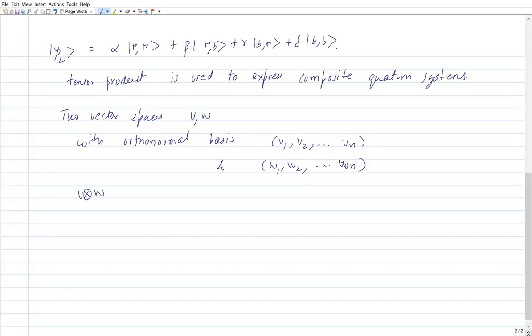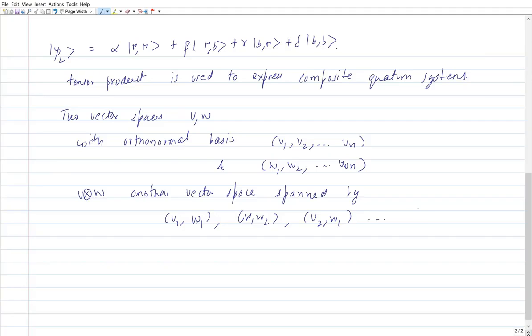The tensor product space is another vector space which is spanned by the following bases.